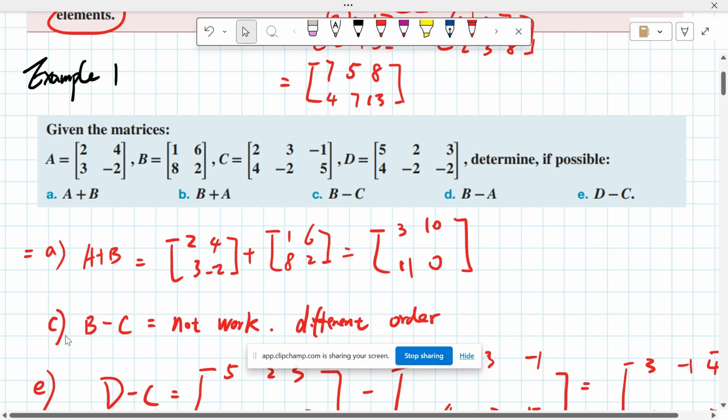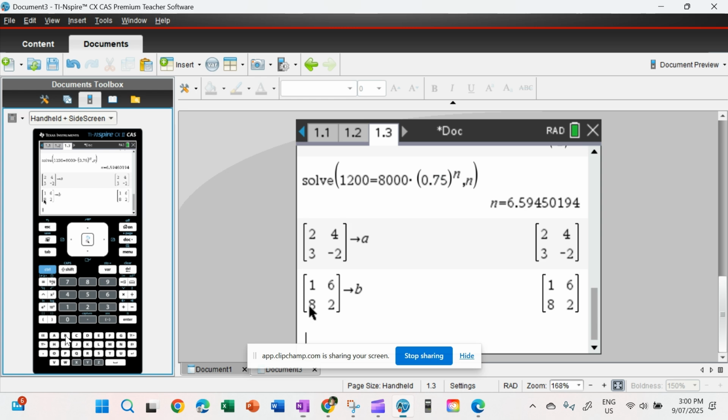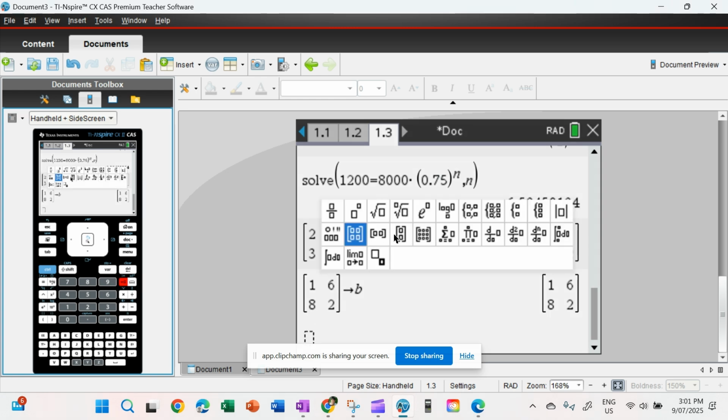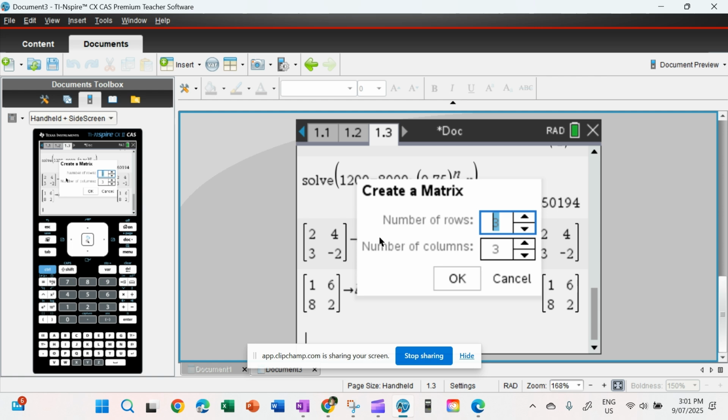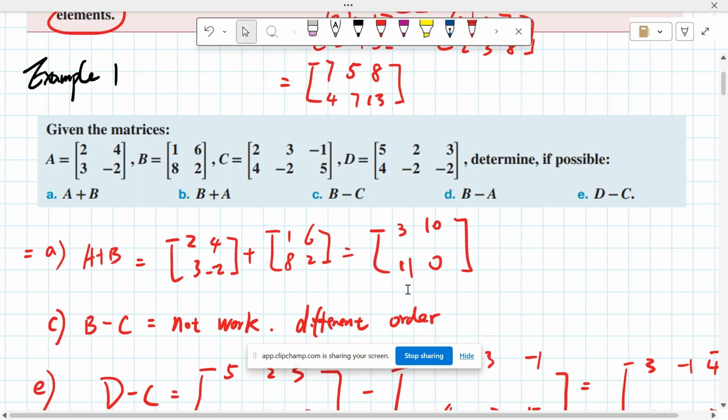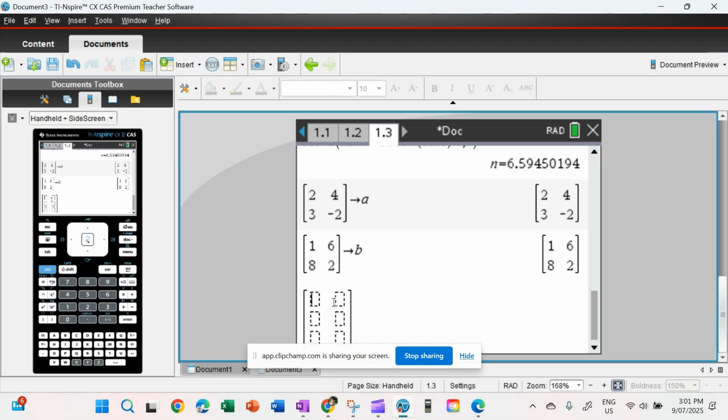Next one is 2 by 3, so we say 2 by 3. We don't have 2 by 3 in here, but we have another option right next to the column matrices, so we press that. We say it's 3 by 2 matrices, 3 rows, 2 columns. But now there are 2 rows and 3 columns.